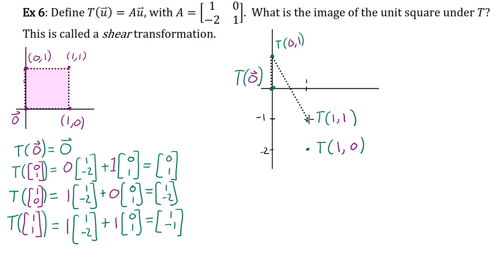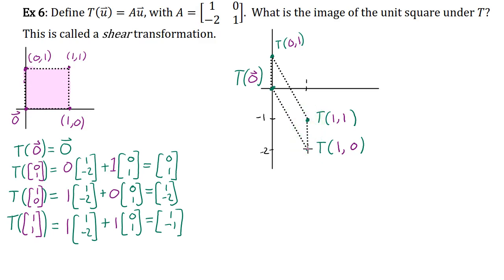Likewise with the other lines: all the points between the zero vector and the point (1, 0) get mapped to that line, and all the points on the line from (1, 0) to (1, 1) get mapped to this line.